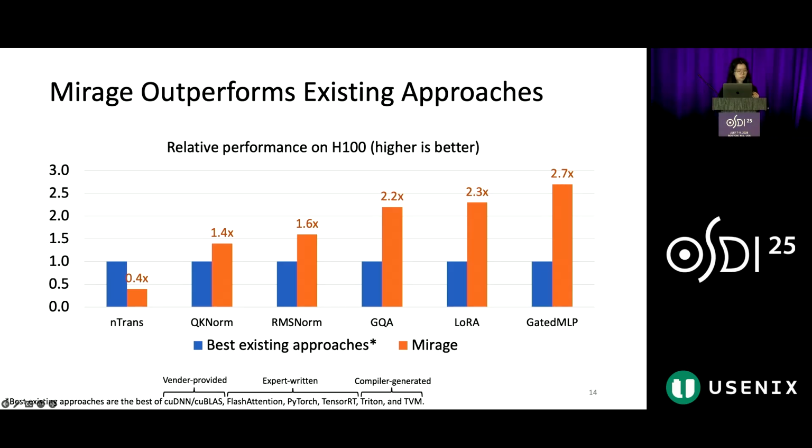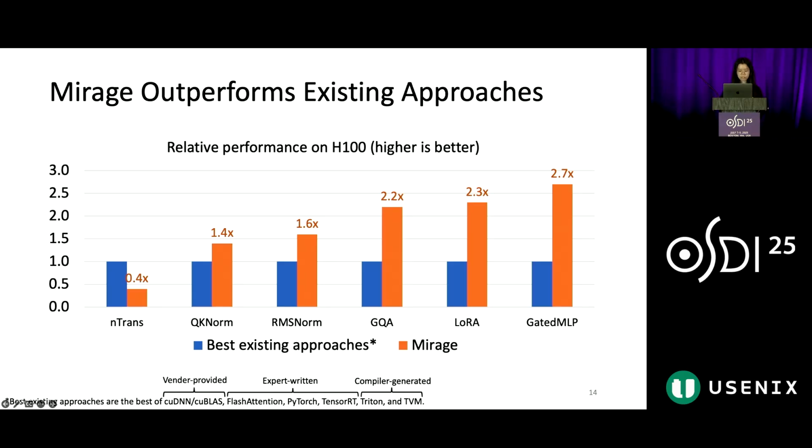This figure shows the relative performance of Mirage on H100 with batch size 16. The higher is better. We can see that in most cases, Mirage can outperform existing systems. More evaluation results, including the detailed comparison, end-to-end evaluation, and ablation study, can be found in our paper.